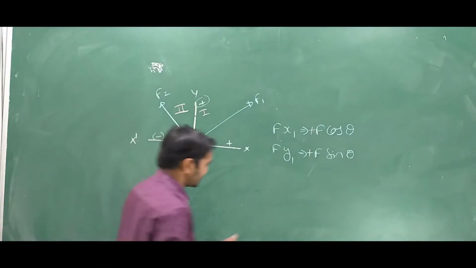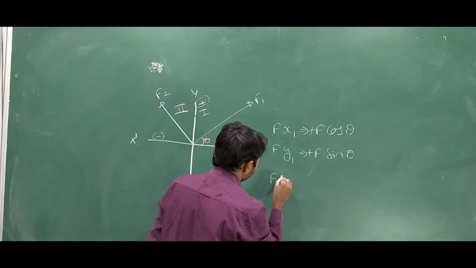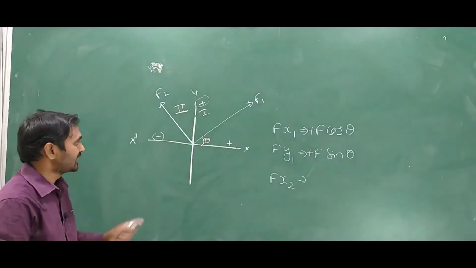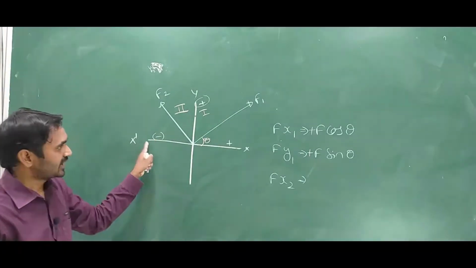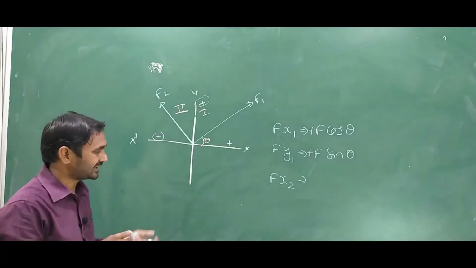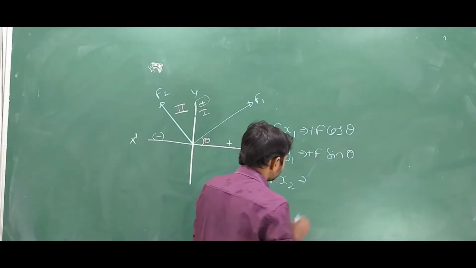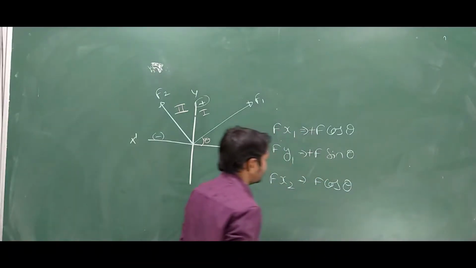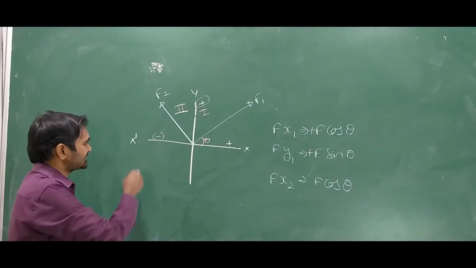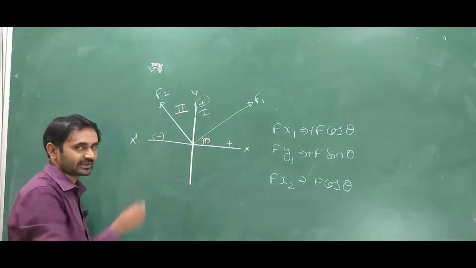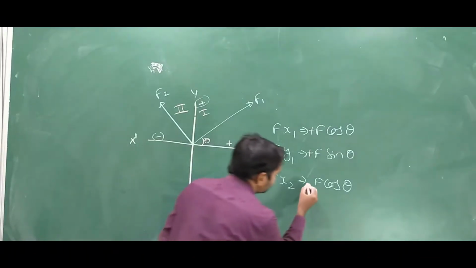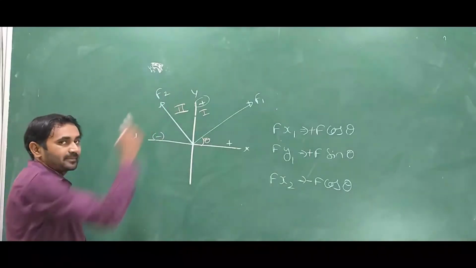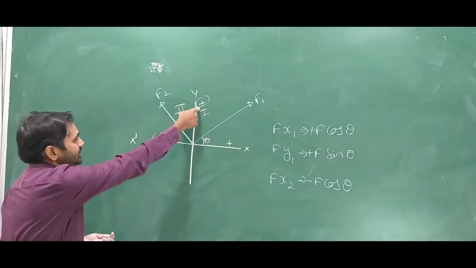Therefore I am writing here Fx2, because this is in the second coordinate. Fx2 equals F cos theta. What is the sign here? This is a negative sign, because in the second coordinate x will be negative, y will be positive.